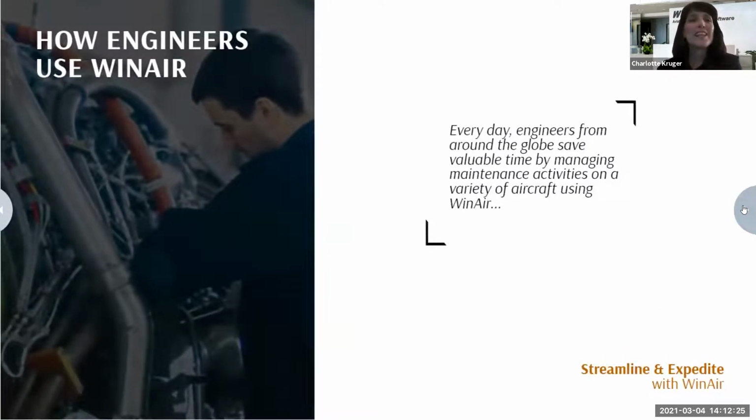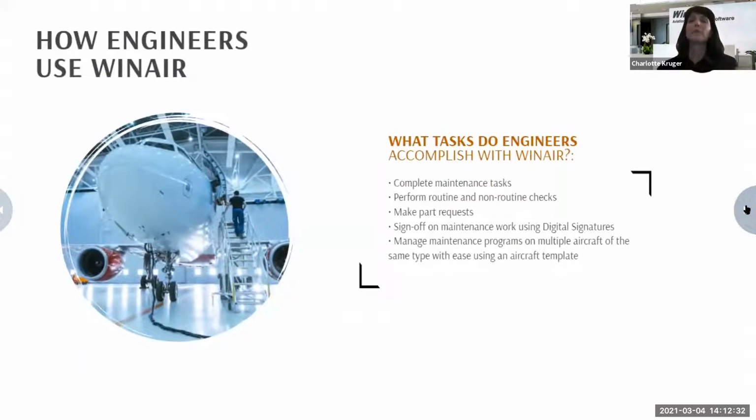So we're quickly going to step through how the engineers use WinAir. WinAir is designed, as I said, for people that don't really like working with paper. WinAir has an automated workflow to a large extent so that engineers have to give the minimum input to make this work. They complete their tasks.